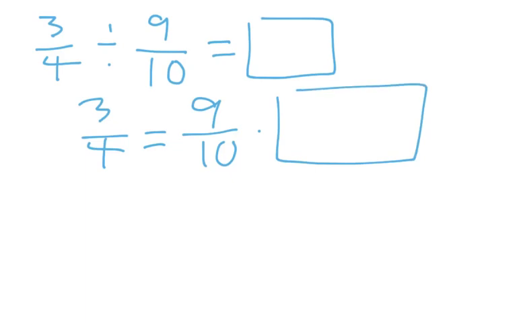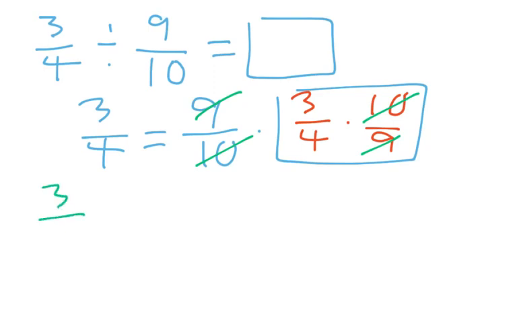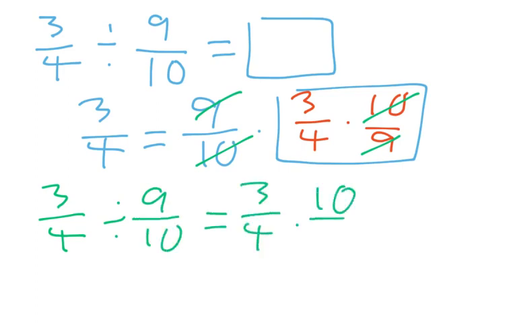And the simple trick is, if I put the 3/4 and I take the 9/10 and invert the numerator and denominator, flip it over, that will work, because this 9 divides that 9, this 10 divides this 10, the result would be 3/4. So 3/4 divided by 9/10 has to be the same as 3/4 times 10/9.